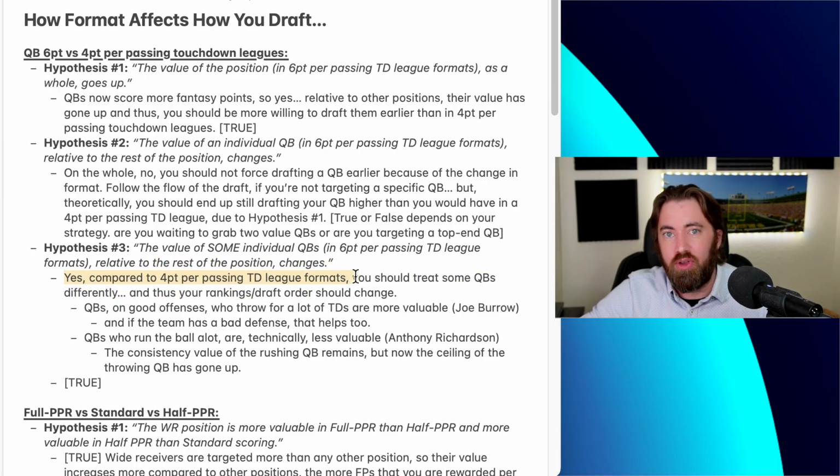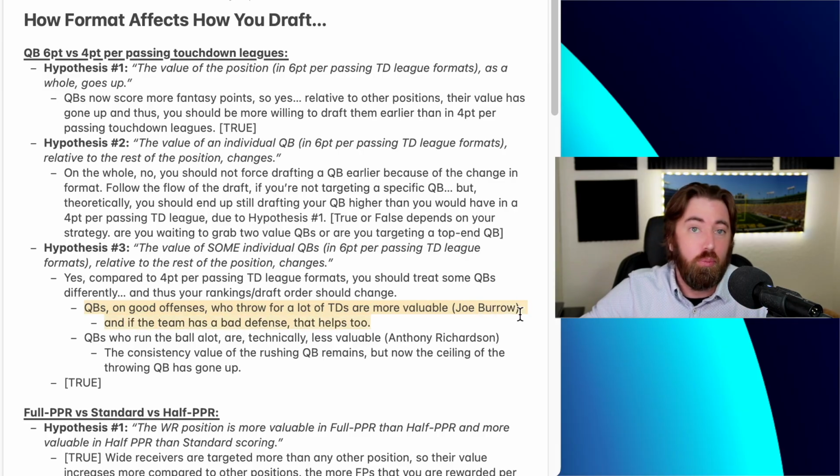Quarterbacks don't all score fantasy points equally. You should treat some quarterbacks differently, and thus your rankings and your draft order should change to what you're going to be using in the draft. Quarterbacks on good offenses who throw for a lot of touchdowns are going to be more valuable in 6-point versus 4-point formats.